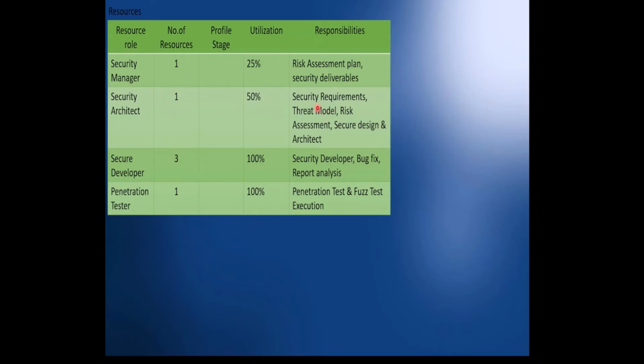He can create the security requirements, threat model, risk assessment, secure design and architecture. Then secure developers, 3 members, profile stage if required we can mention, 100%. Security developers do bug fix and report analysis. Penetration tester 100%: penetration test and fuzz test execution. When we create the security proposals, the resource identification is also one of the important inputs we need to consider.